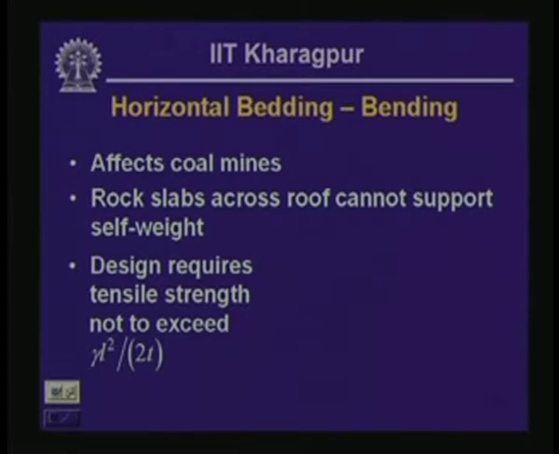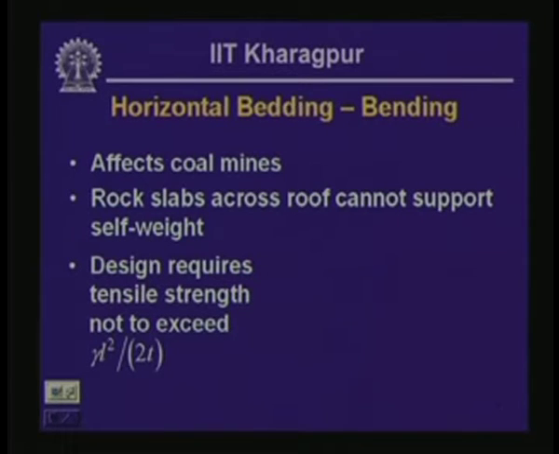This class of problem is quite often encountered in coal mines. What happens because of this is that rock slabs across the roof cannot support their self weight because they want to bend and sag, and because the sagging in fact becomes so large that tension cracks develop near the bottom of the slab, and as a result the slab could fail.